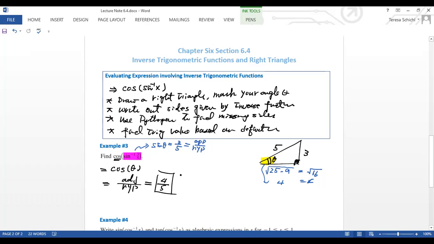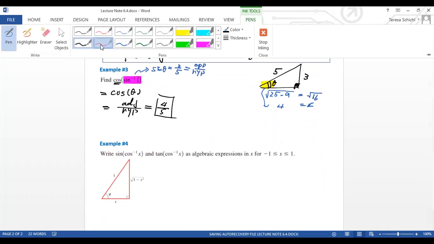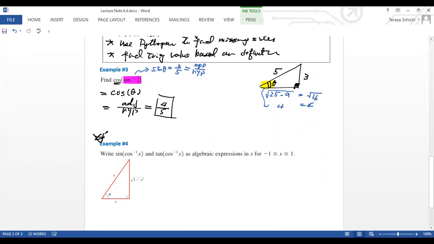Okay, now let's take a look at example number 4. This part is very important because you're going to use a lot of these things in calculus. They said write out the sine of arccosine x and the tangent of arccosine x as an algebraic expression for x.